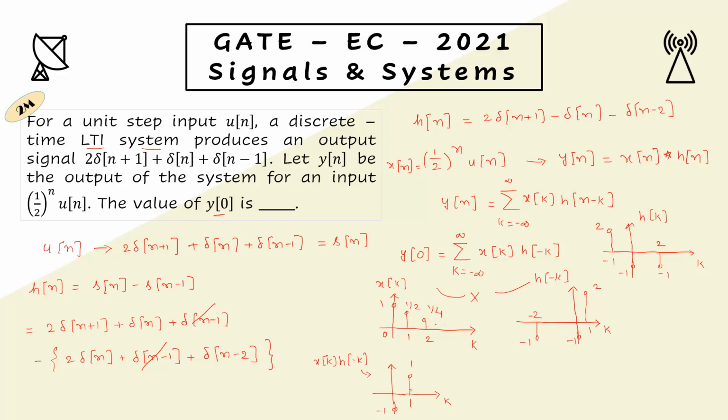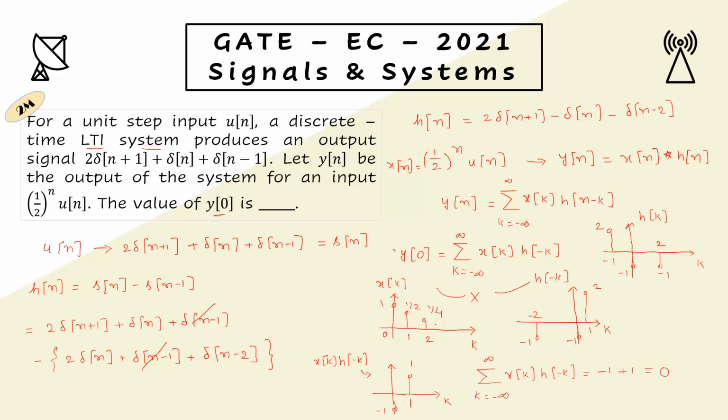What happens to the other samples? They are all zeros. Why? After 1 the product would be 0, and before 0 also the product is 0. Now we have to sum all the values. Summation k equal to minus infinity to infinity x of k times h of minus k would be equal to, if you add all the samples, we have only 2 samples actually, minus 1 plus 1, that turns out to be 0.